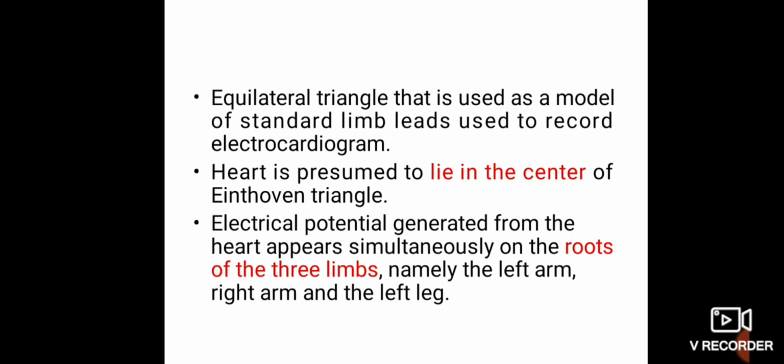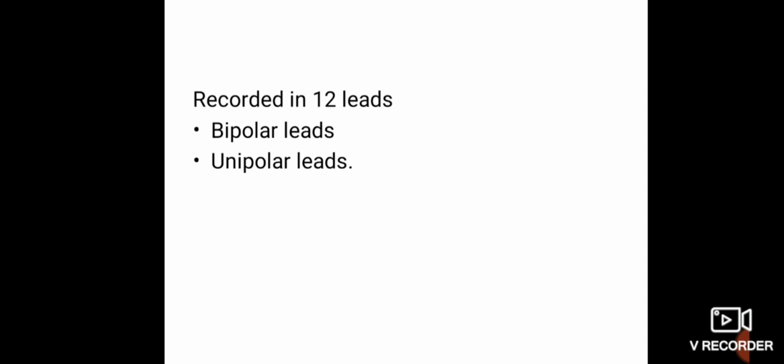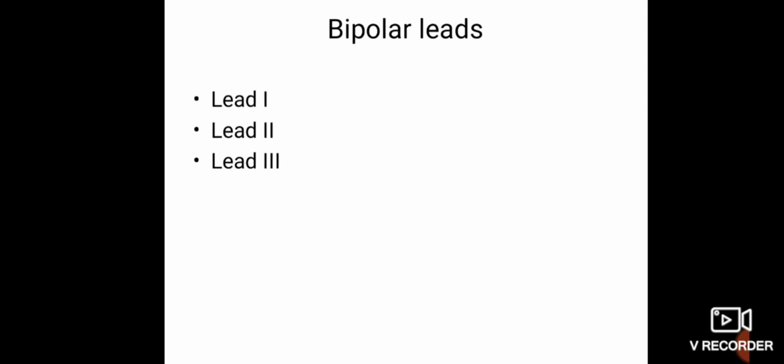These leads measure the electrical field created by the heart during the depolarization and repolarization events of the heart muscles. The ECG is recorded using a 12 lead system. Normally the lead system is divided into bipolar and unipolar leads. The total 12 leads are arranged in unipolar and bipolar format. In bipolar format they are divided into lead 1, lead 2 and lead 3.